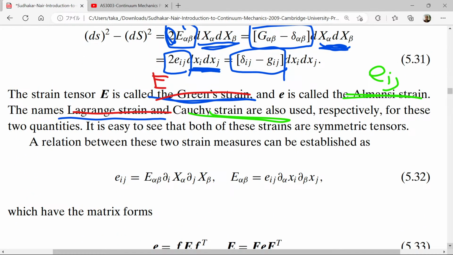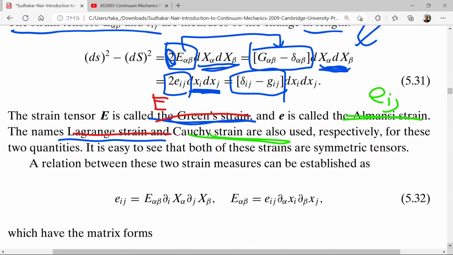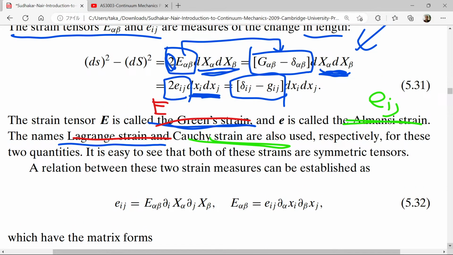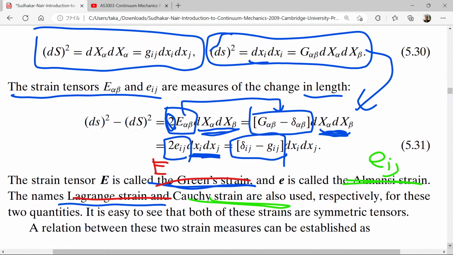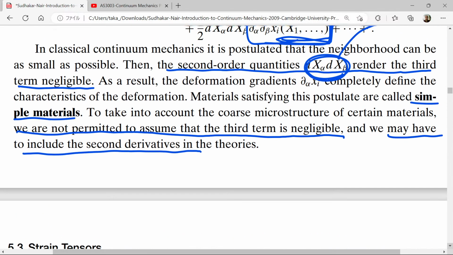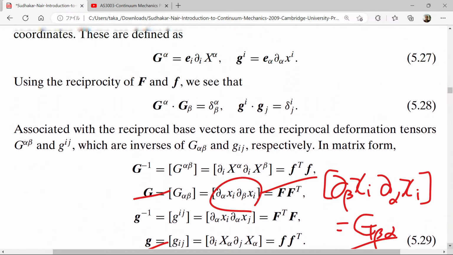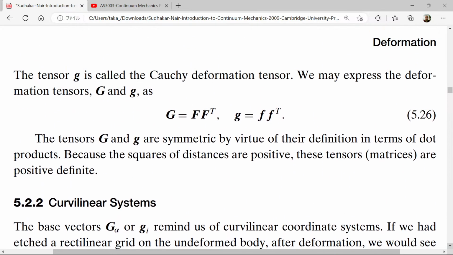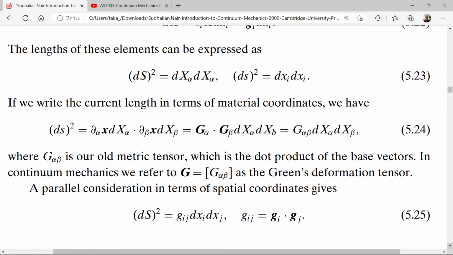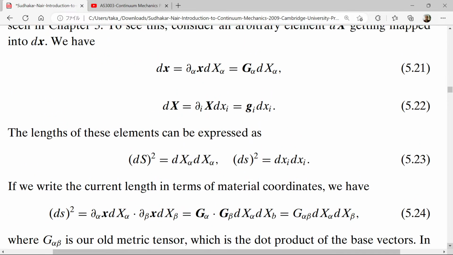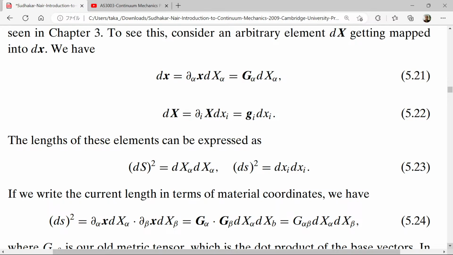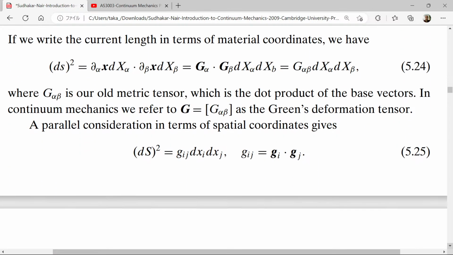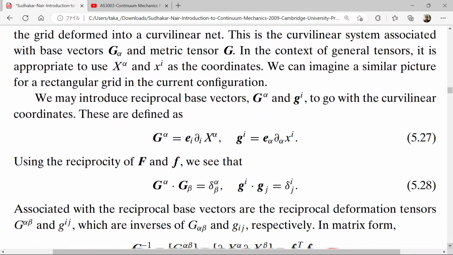This goes so fast, I think. dx. I think you have to memorize a lot to understand. One thing, you can use this one, right? G alpha G dx. See?